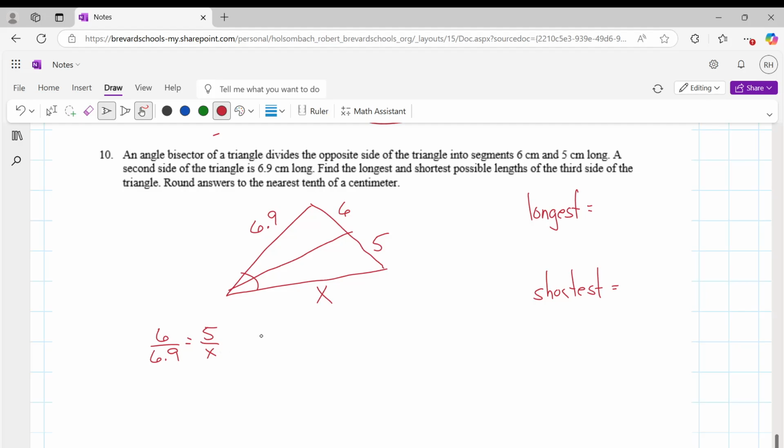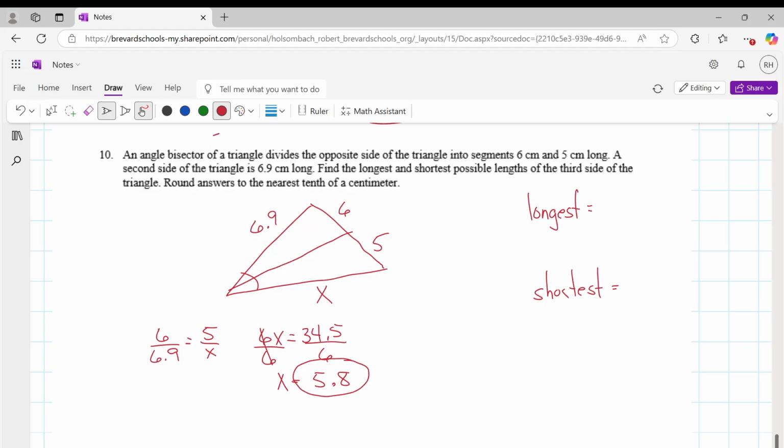So we get 6x equal to 5 times 6.9, which is 34.5. And then divide each side by 6. And it's 5.8. So we get a 5.8 for the third side of the triangle when it's closest to the 5.